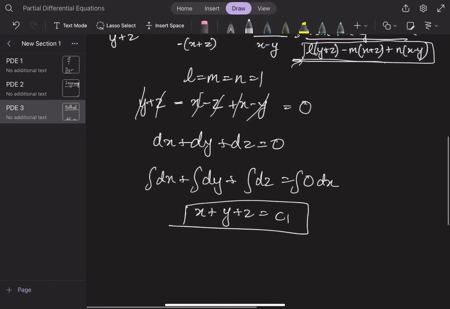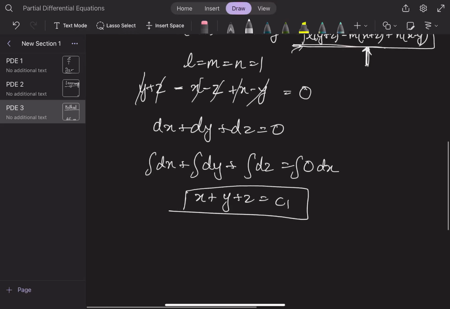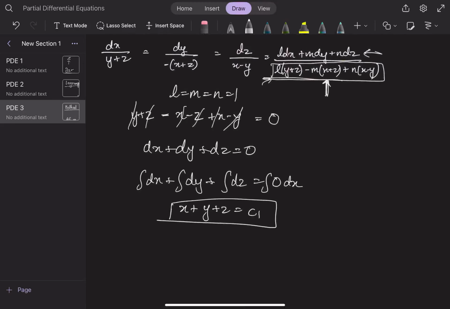Now let's try something else which will make this term 0. So here you will have to think and put the terms such that this term becomes 0, because that is your main goal. So let's try l is equal to x, m is equal to y and n is equal to z.